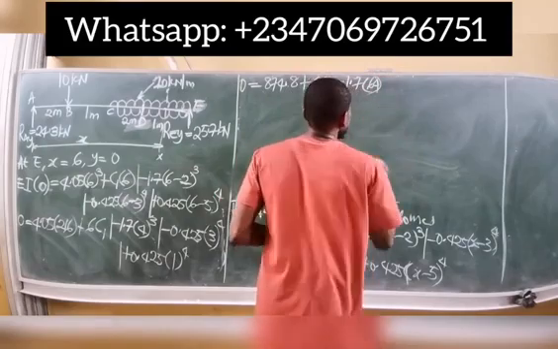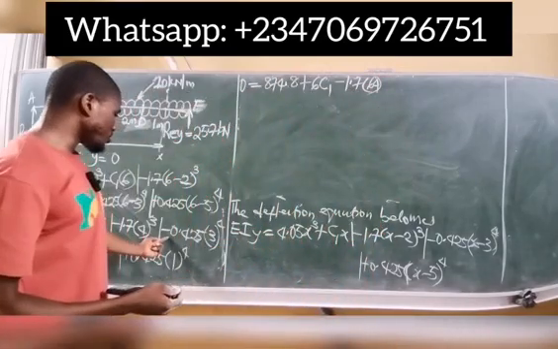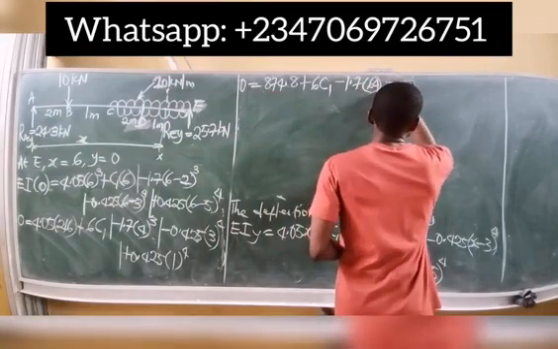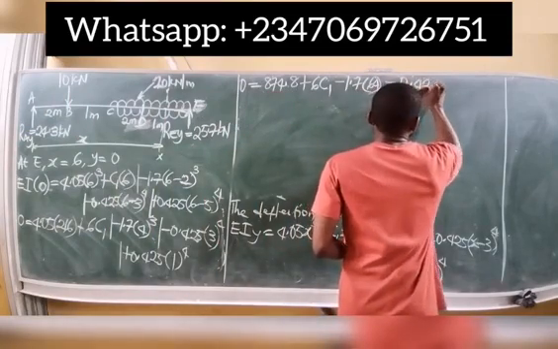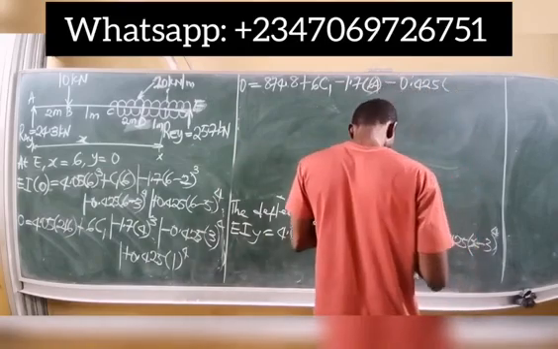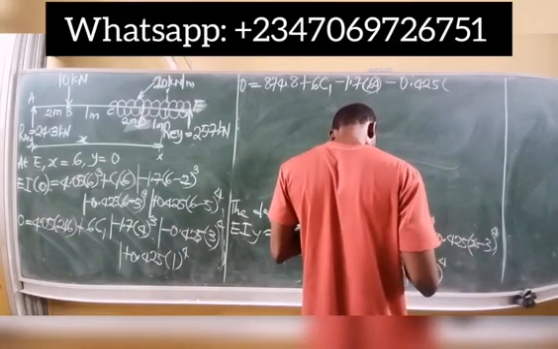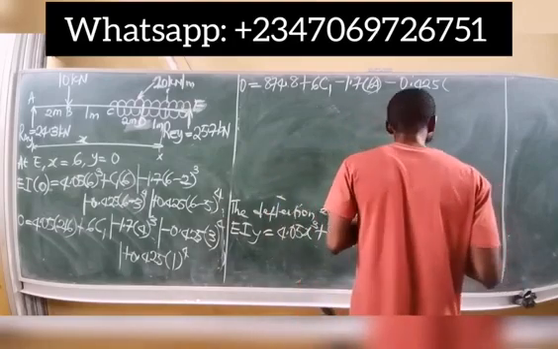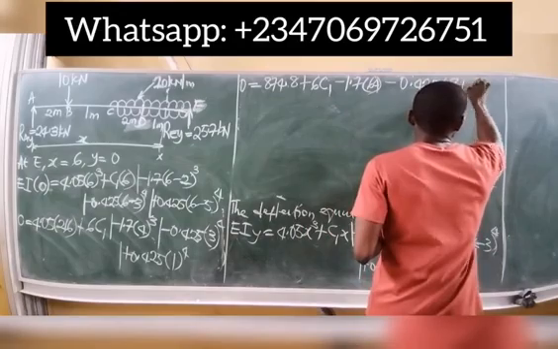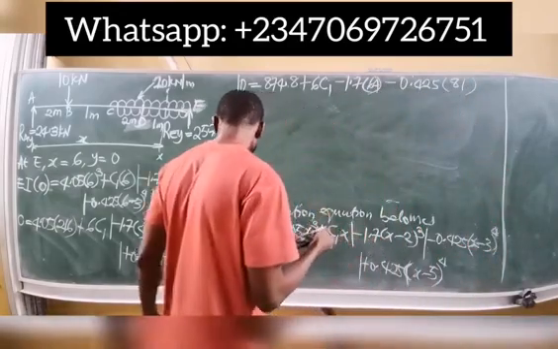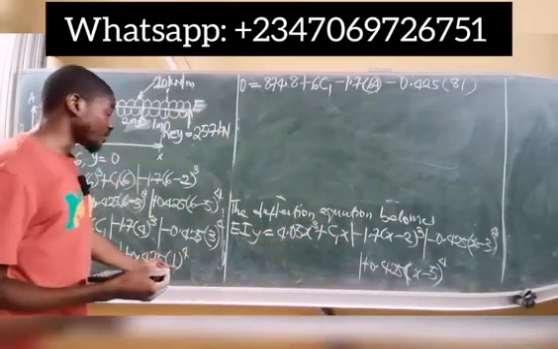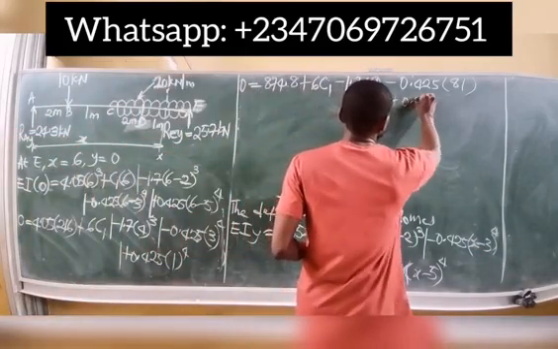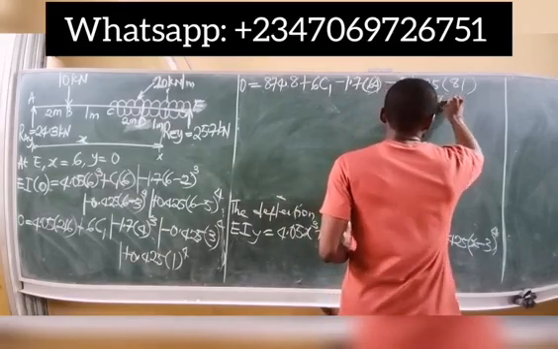Minus 0.425, 3 to the power of 4. That's 81. Finally, plus 0.425 times 1. So you can just put that down, plus 0.425 times 1.